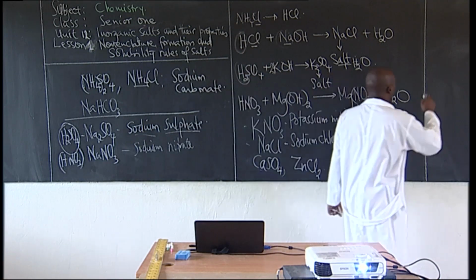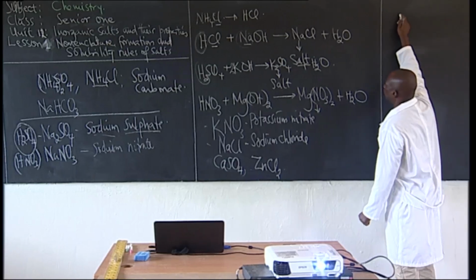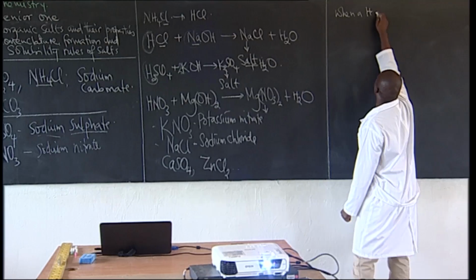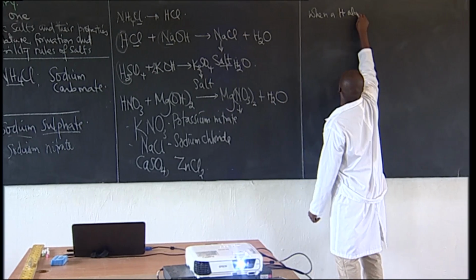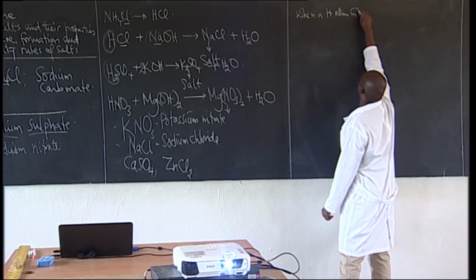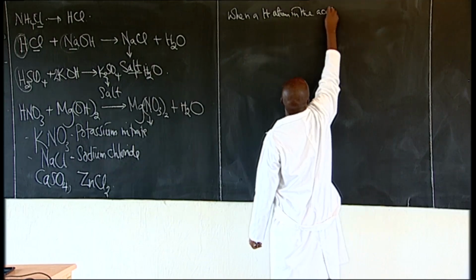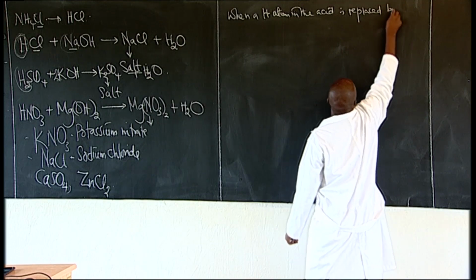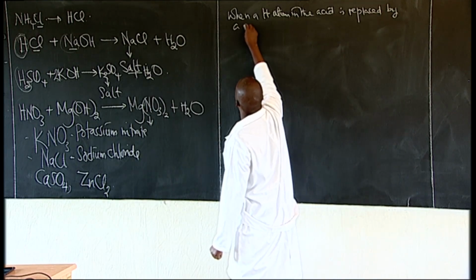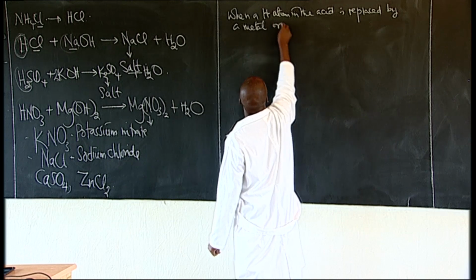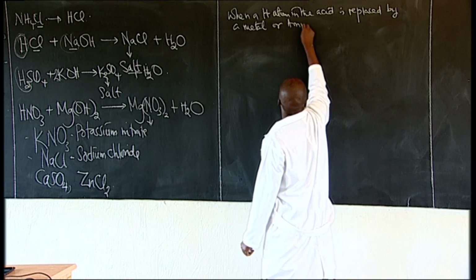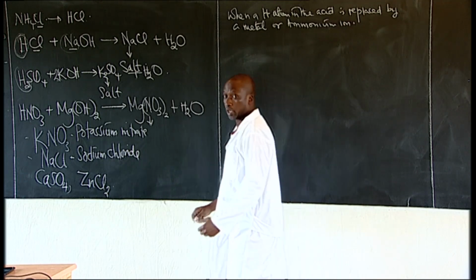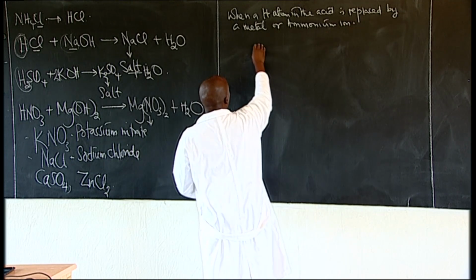So it is a substance formed when a hydrogen atom in the acid is replaced by a metal or ammonium ion. That is what we mean by the salt.